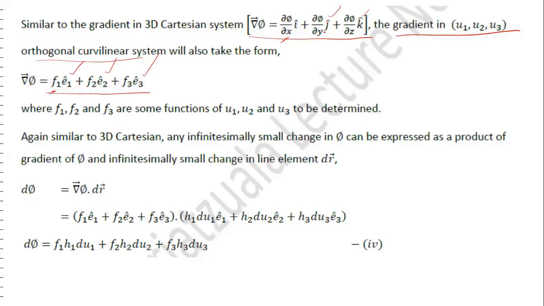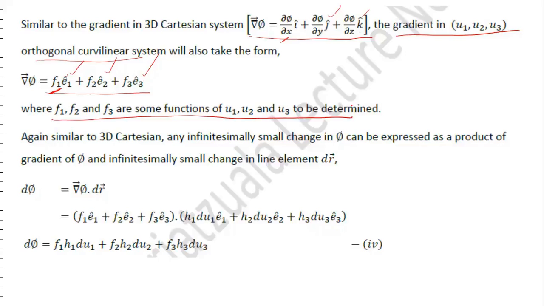But in the orthogonal curvilinear system having coordinate variables u1, u2, u3, we are yet to find the coefficient of e1 cap, e2 cap, and e3 cap. We know that in place of i we have e1, in place of j we have e2, in place of k we have e3, right? So these are some functions that we need to determine.